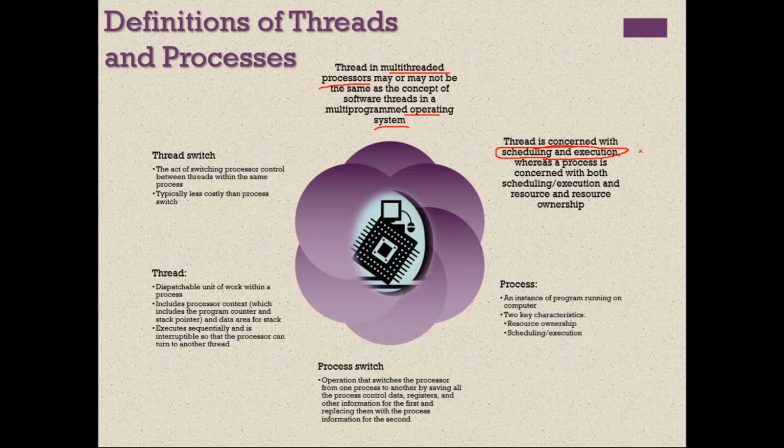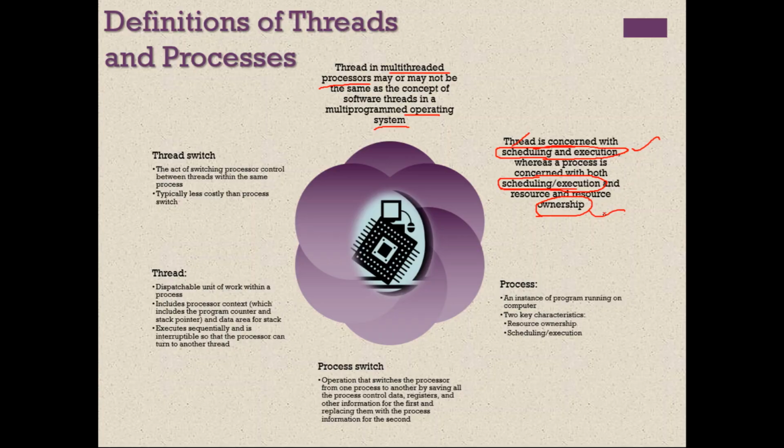So the thread is concerned with only scheduling and execution, whereas a process is concerned with scheduling, execution, and ownership. So there is one extra thing with respect to a process, called ownership. With the thread, there is only scheduling and execution.